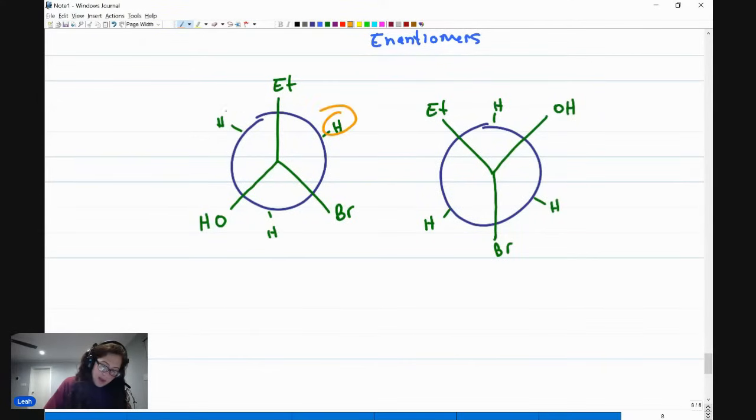We see that the back has an H, an H, and an H. That means in the back I have a CH3. So I'm just going to put CH3 on dashes, because isn't this Newman projection really just this thing coming forward, this thing coming forward, this thing coming forward, and that going backwards? So I'm just going to look at the Newman projection that way and start prioritizing.